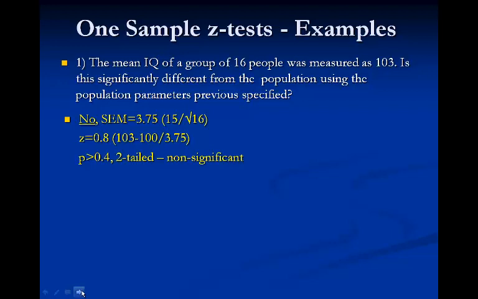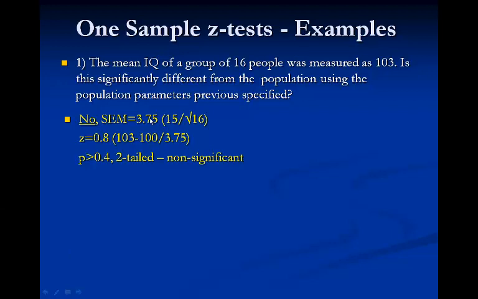The standard error of the mean, remember, is the standard deviation of the population, which is 15 for IQ from a normal population by design, divided by the square root of the sample size, so 16, square rooted is 4, so the standard error of the mean is 15 over 4 or 3.75.